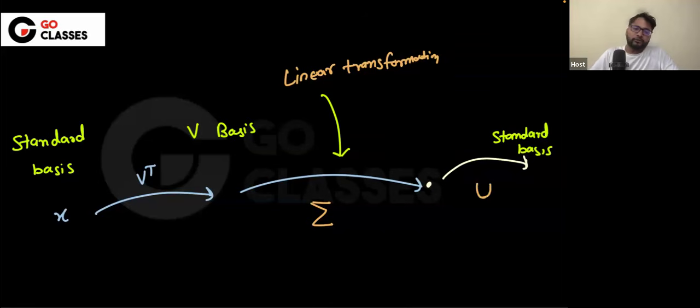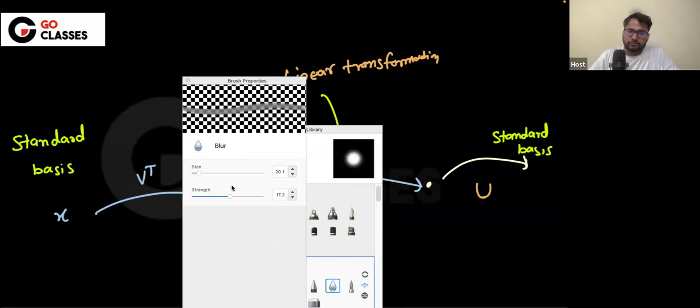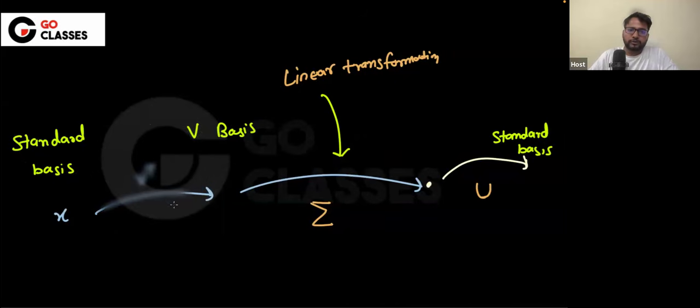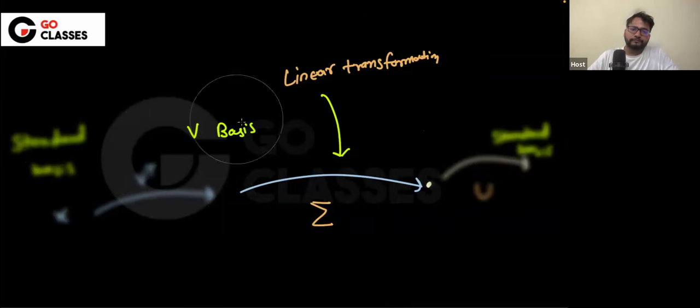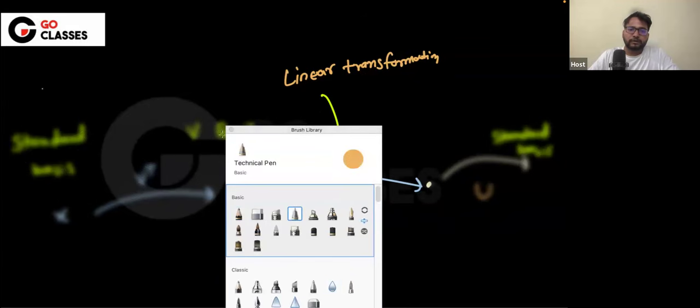But for now you just ignore this u and v. I will just suggest you, just for a moment, ignore what u is doing and v is doing. The real bull is this sigma. So what is sigma doing?